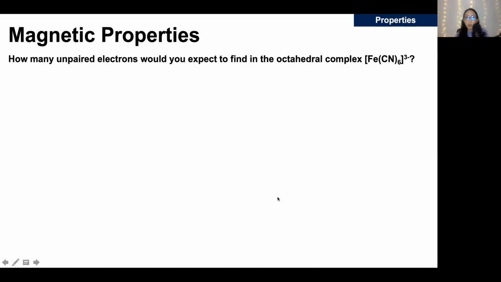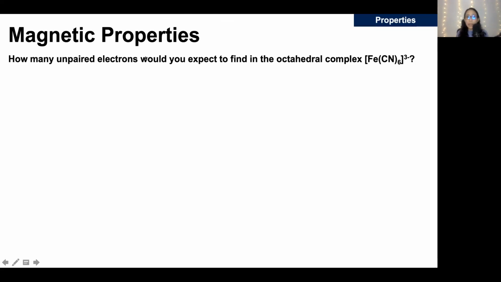Okay, so how many unpaired electrons would you expect to find in the octahedral complex hexacyanoferrate(III)? The first thing we have to know is the number of electrons in the d orbitals of iron(III).